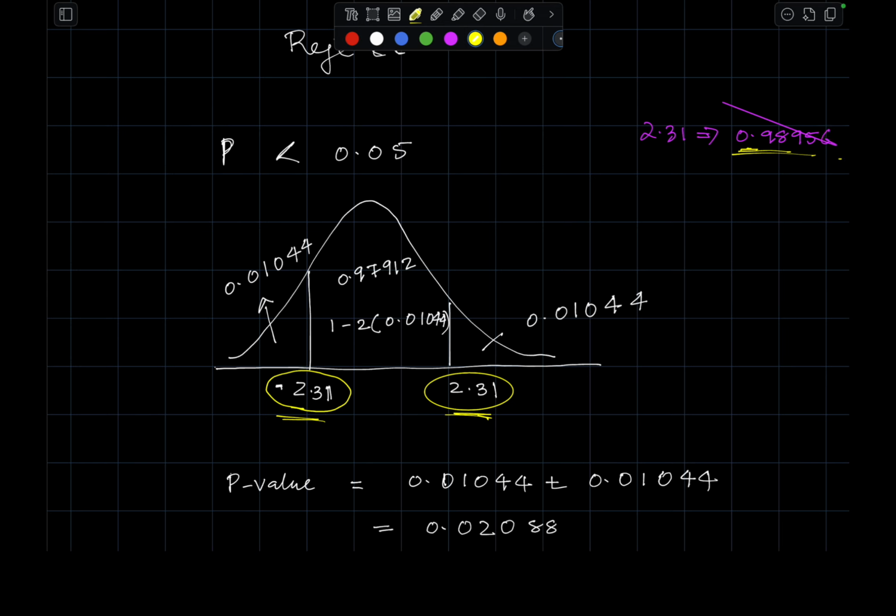And this 0.98956, if we do this particular area, 1 minus 0.98956 is nothing but 0.01044, like the area on the rejection side.